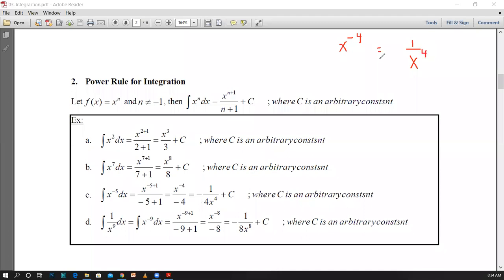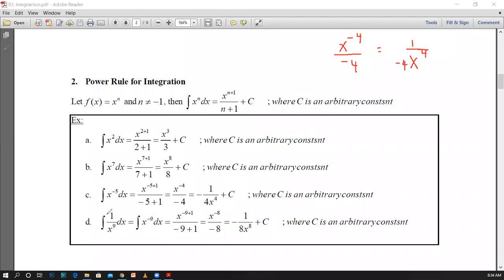There is also the term divided by minus 4. Therefore you will get minus 1 divided by 4 times x to the power 4. Then we have to add the arbitrary constant c.